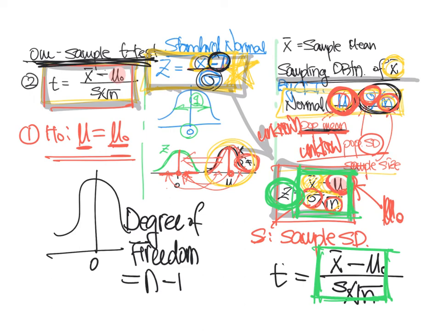What was the n? The sample size. The reason the degrees of freedom is n minus 1 is that we use the S as an estimation of the sigma.